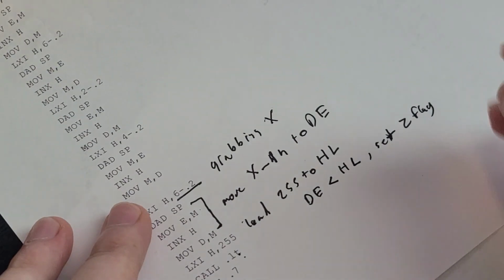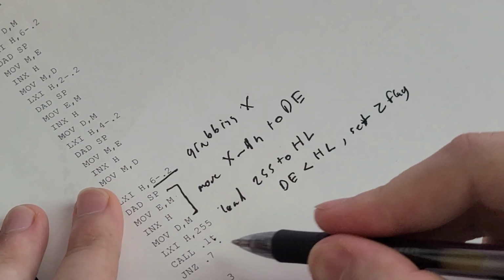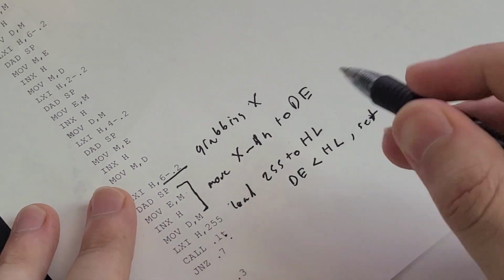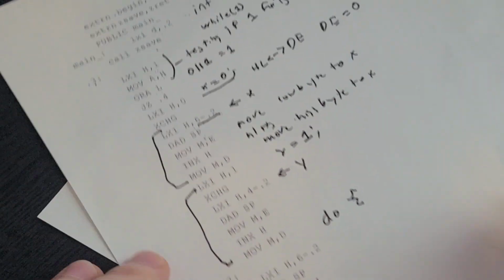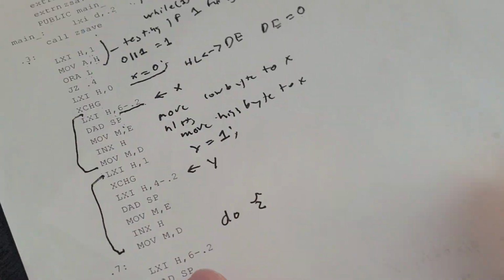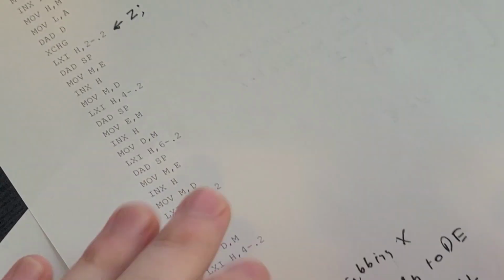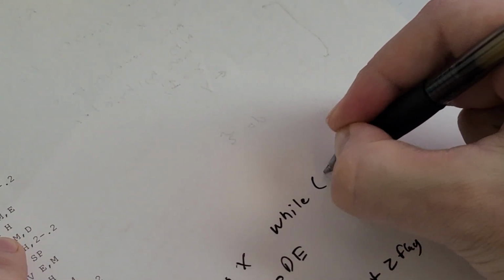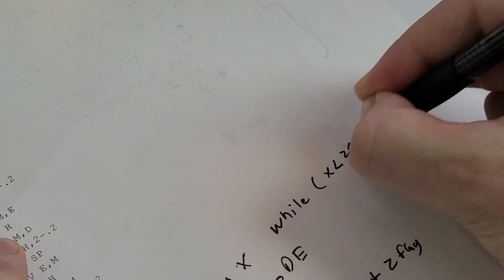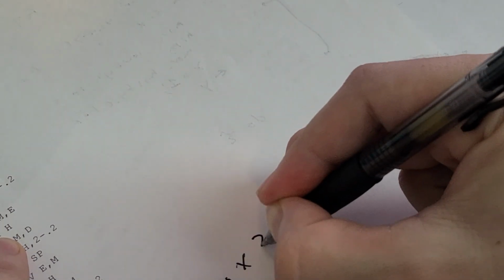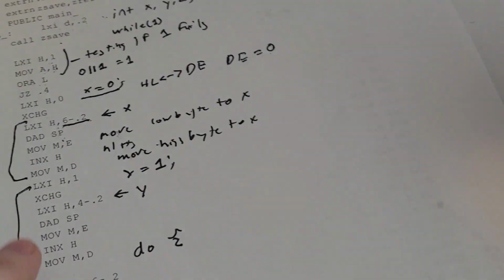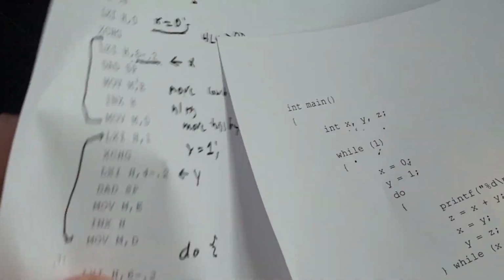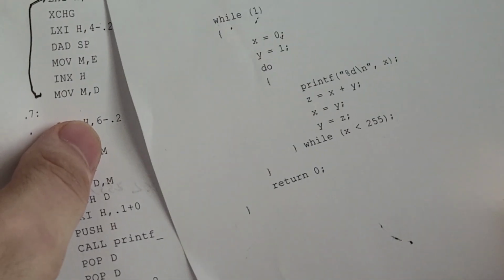So that's what it must do, because down here, jump not 0 to 7, which is the start of our do loop. So we have solved the do while. So down here is the while x less than 255. Cool. So we're making some good progress here.